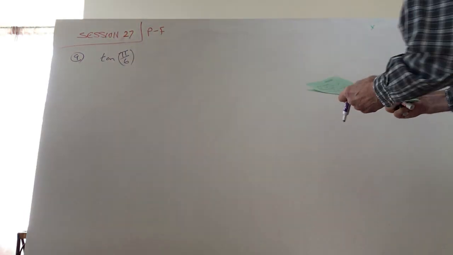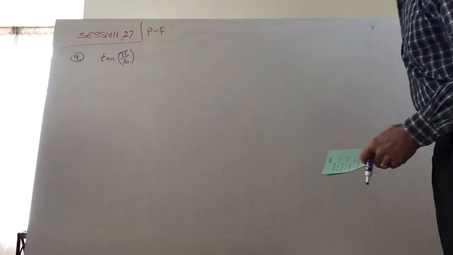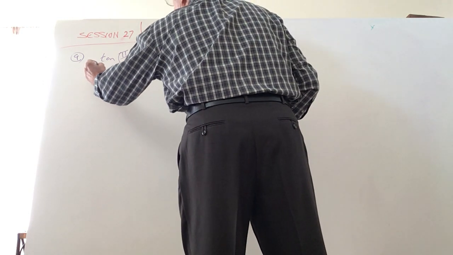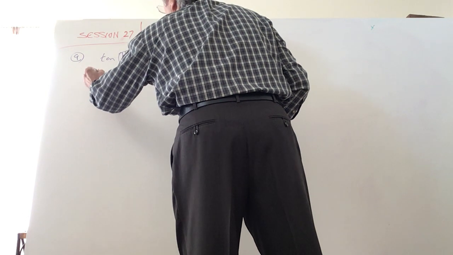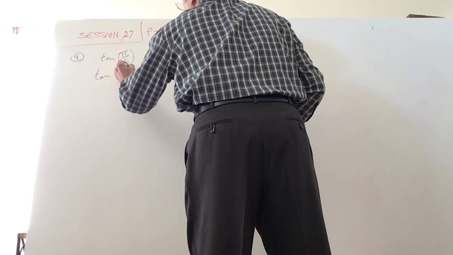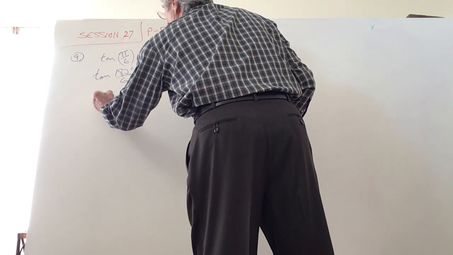For number 9, we'd like to find the exact value of the tan of pi over 6. You might want to change, as we did in number 7 just a moment ago, the pi to 180 degrees, and say this is the tan of 180 over 6 in terms of degrees instead of radians. That sounds like 30 degrees.